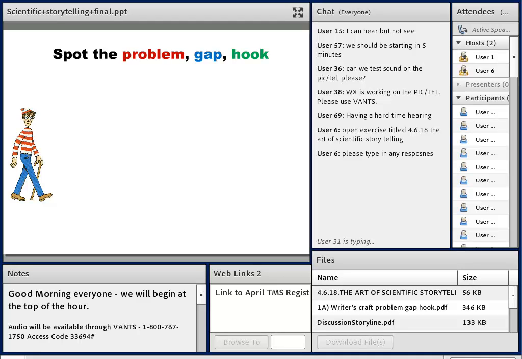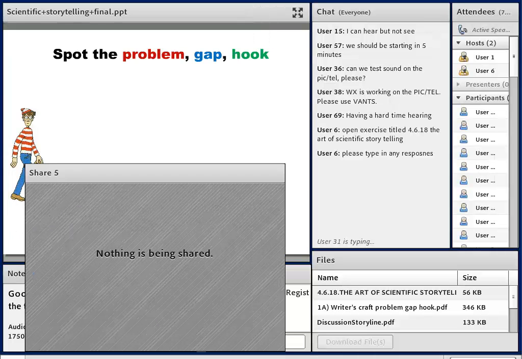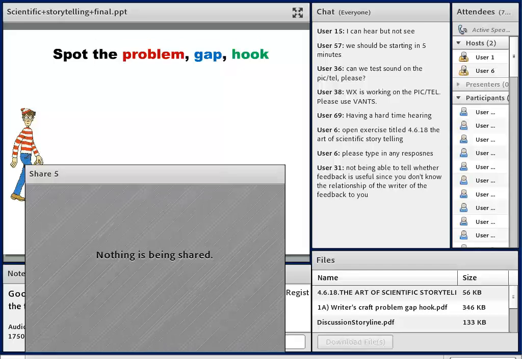You don't have to type the whole sentence. You can just say sentence starting this and dash dash dot dot dot. Not being able to tell whether feedback is useful since you don't know the relationship of the writer of the feedback to you.